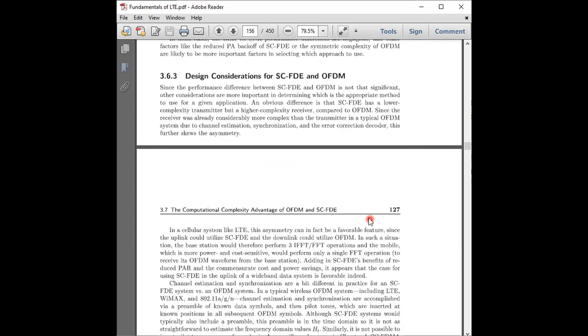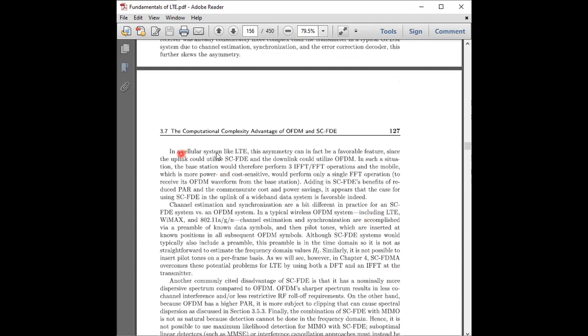In what way is that? The thing is, in a cellular system, this is a very important statement that's made. Usually at the base station, let me see if I can draw this. Say I have my tower here, and then here is my mobile.